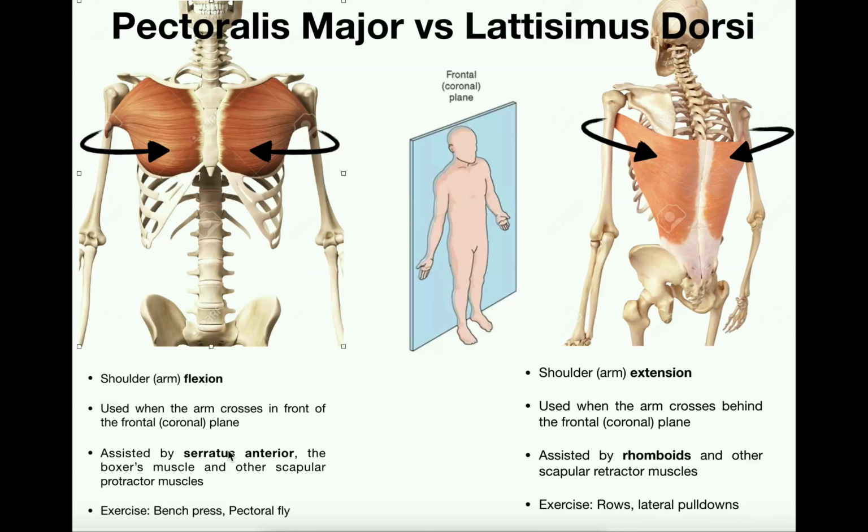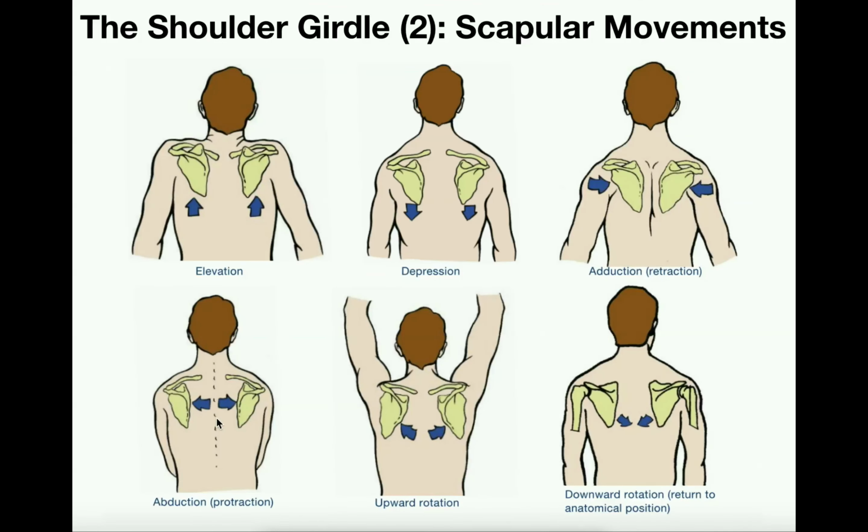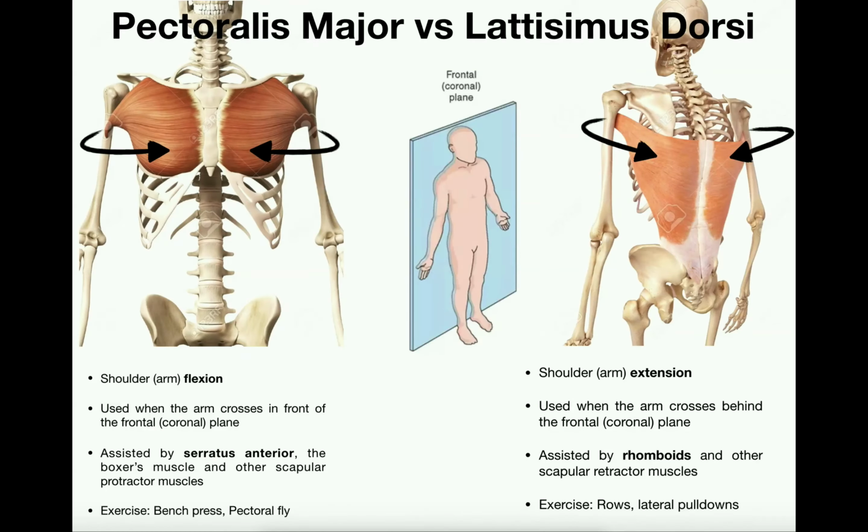But it suffices to say for now that shoulder flexion has to be accompanied by scapular protraction, in which the scapula move away from the midline and sort of follow the humerus as they go in front of the frontal plane. You can kind of see this guy's arms more or less in front of that frontal plane here. All right? So hopefully that makes sense.